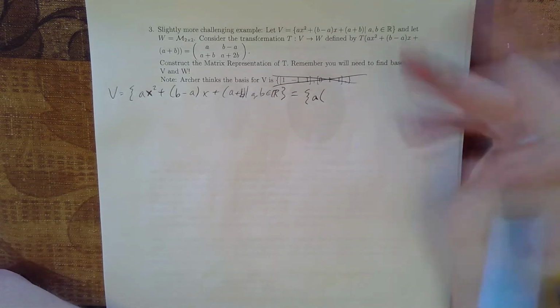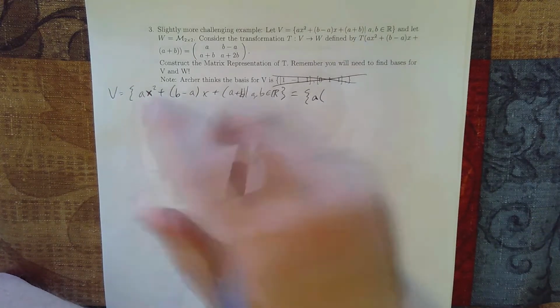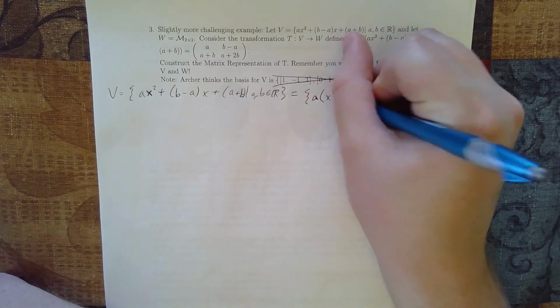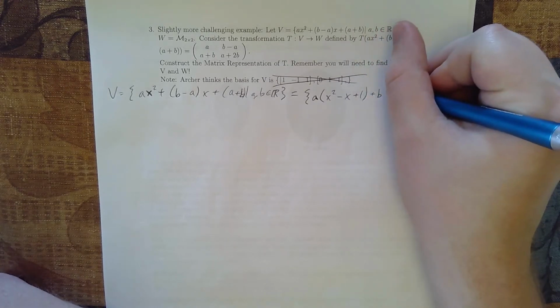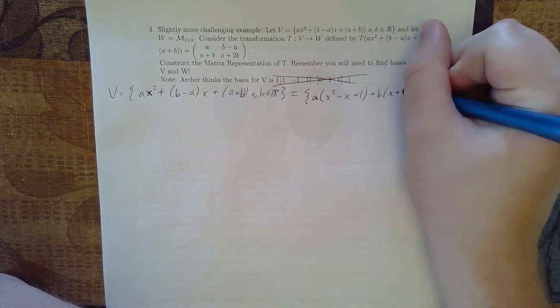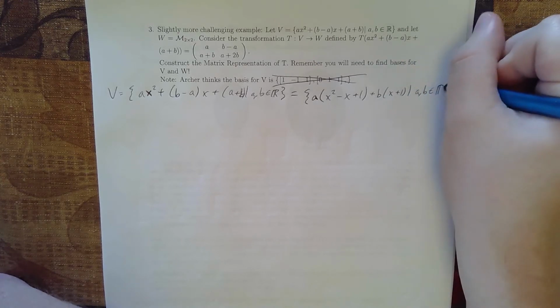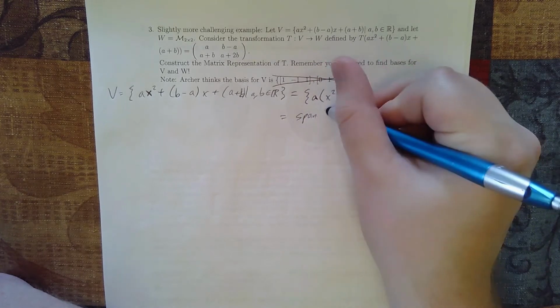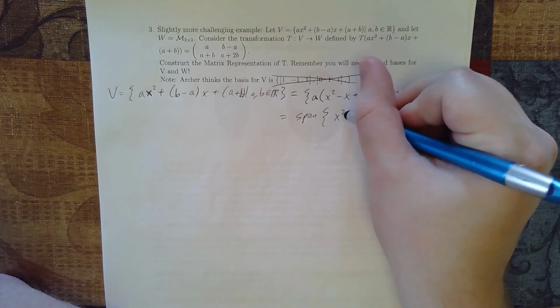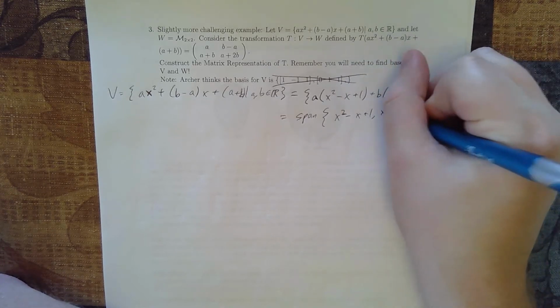You can take a little bit more time to write this out if you want, but in the end we'll get a times (x squared minus x plus 1) plus b times (x plus 1), where a and b are real numbers, and so we have the span of x squared minus x plus 1 and x plus 1.